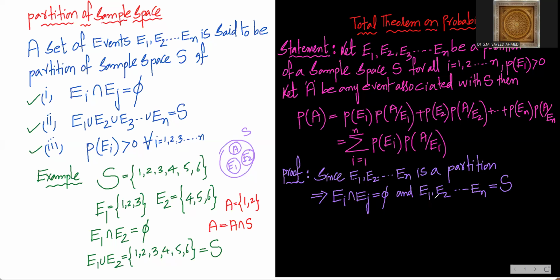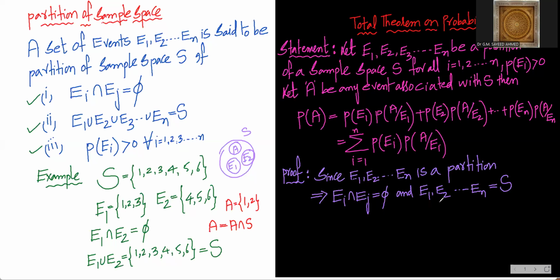So let us take this concept: A is equal to A intersection S. Then this is equal to A intersection S value. See the previous one. This is our S value, no?